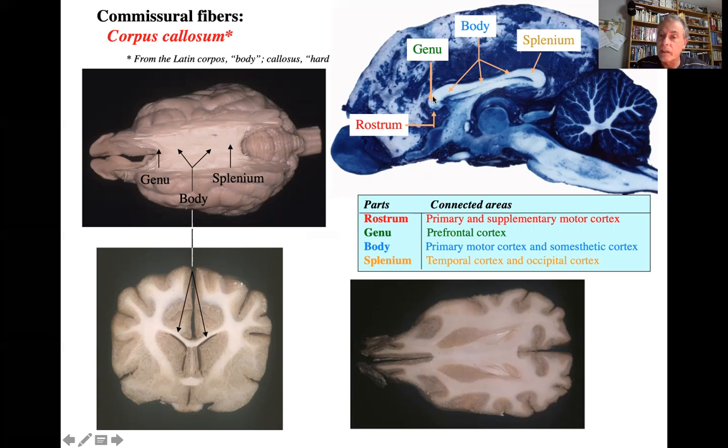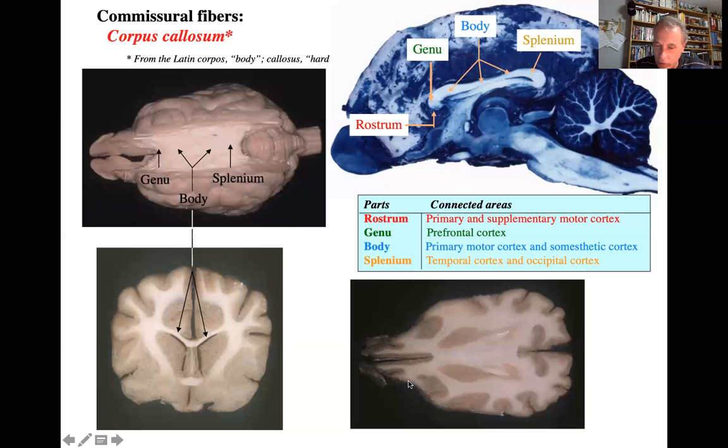Then we have the genu that communicates the prefrontal cortex between both hemispheres. Then we have an extended body of the corpus callosum that communicates motor and some aesthetic cortex. And then finally we have the splenium that communicates temporal and occipital cortices of both hemispheres.